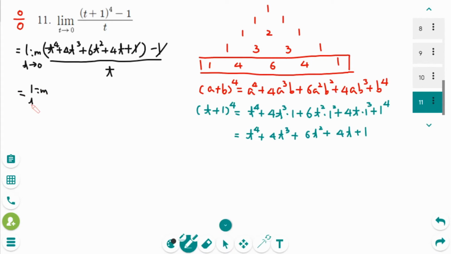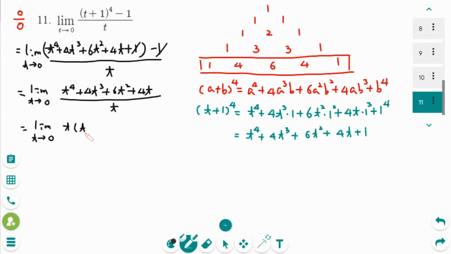Then limit as t approaches 0 of t to the power of 4 plus 4t cubed plus 6t squared plus 4t over t. Then t is a common factor, so take out t.